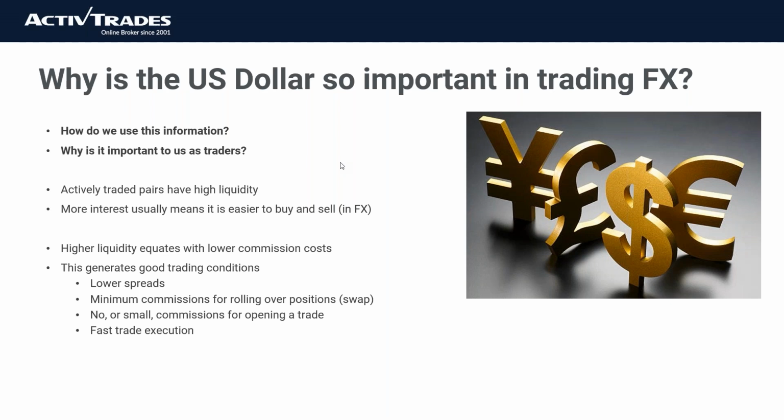What is important to take on is that higher liquidity generally equates with lower commission costs, because there are economies of scale, with more people engaged in trading that particular instrument, and that generates good trading conditions.